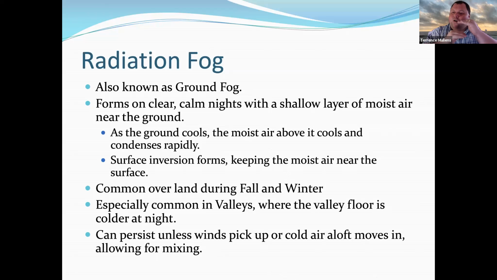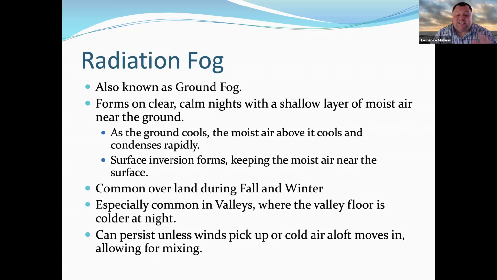So you get warm air on top of cold air. That warm air actually behaves like a lid, keeping the cold air trapped below it, and so all of that fog gets trapped down there. During fall and winter, this layer of fog can become very thick and very dense.